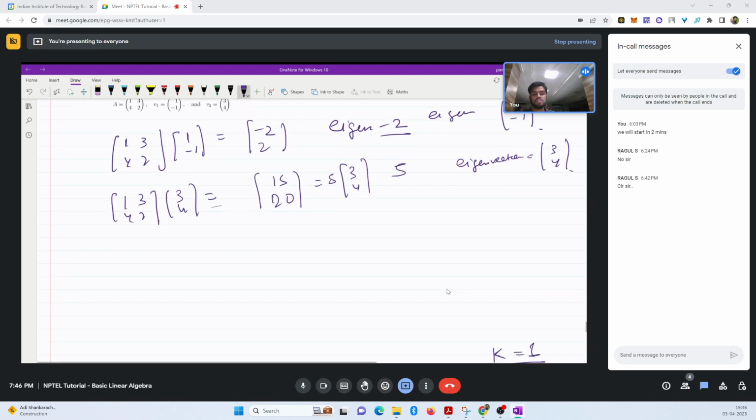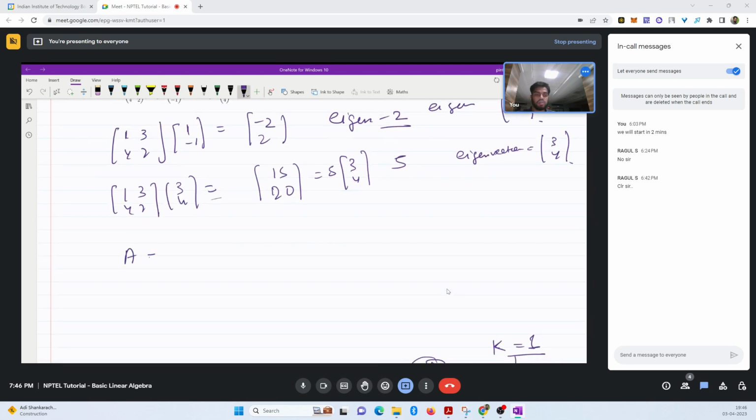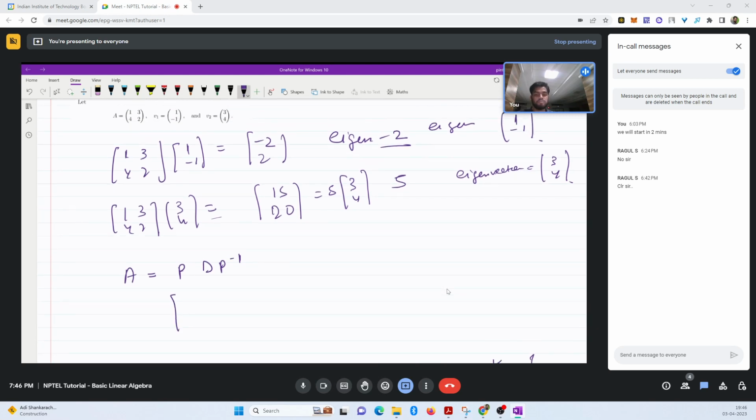Now what did I say? You can write your matrix A as P D P inverse, right? So how would you form P? P would be the eigenvectors as columns, so P would be 1, minus 1, 3, 4. And your D would be the eigenvalues on the diagonal positions, minus 2, 0, 0, 5. Now what is the inverse of this?